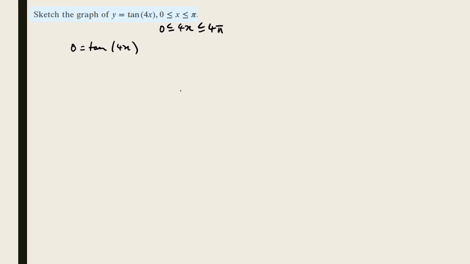We want when it's equal to 0. It's equal to 0 at every pi, so we have 4x equals 0, pi, 2 pi, 3 pi, and 4 pi. Then divide each one of those by 4: 0, pi over 4, pi over 2, 3 pi over 4, and then pi.